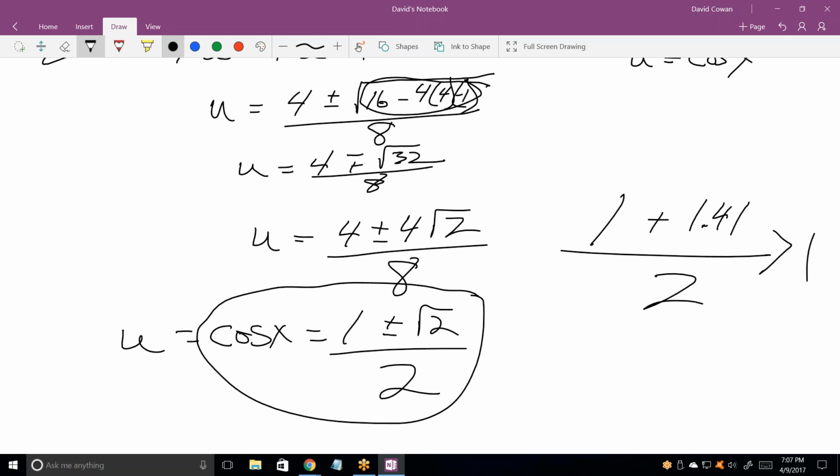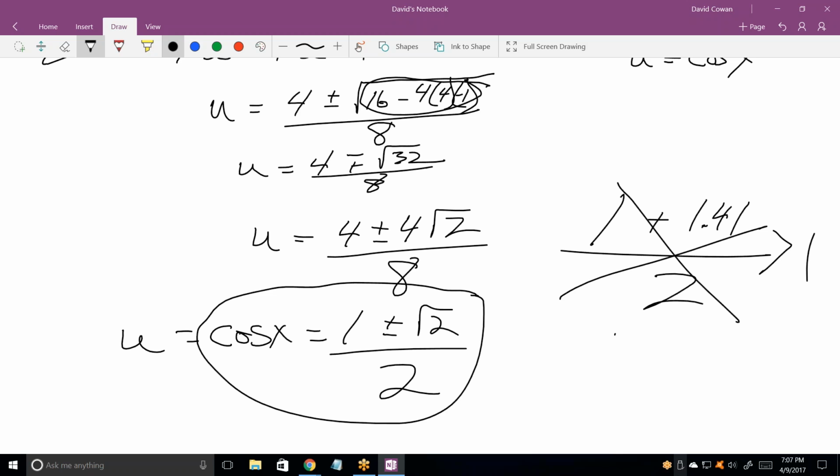Right. Well, cosine of x can never be greater than 1. So that answer, no good. We cannot violate the range of cosine of x. Cosine of x has to be between minus 1 and 1.